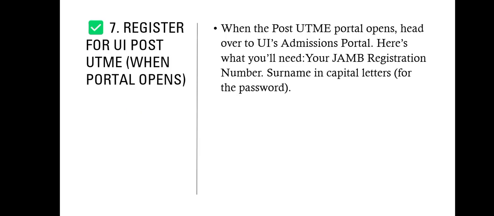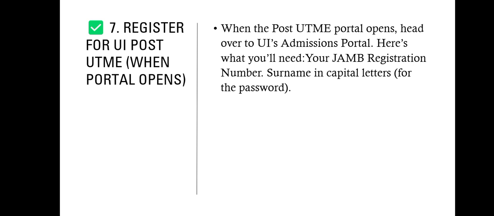So number 7, whenever the portal is open or whenever the post-UTME is announced, you will do the registration, and instructions for the registration will be posted as soon as the portal is open.